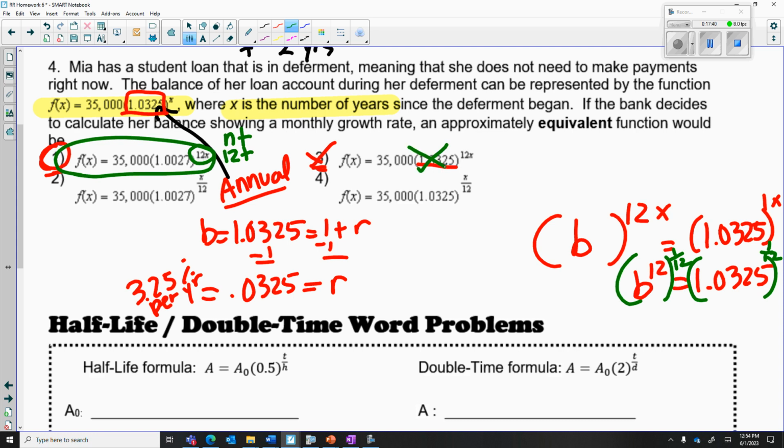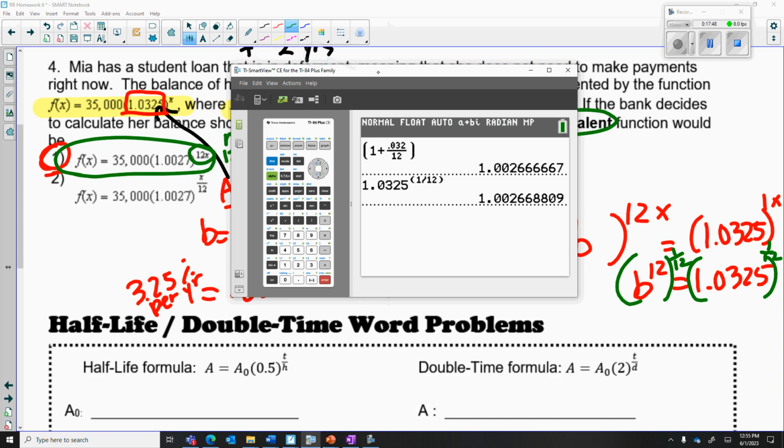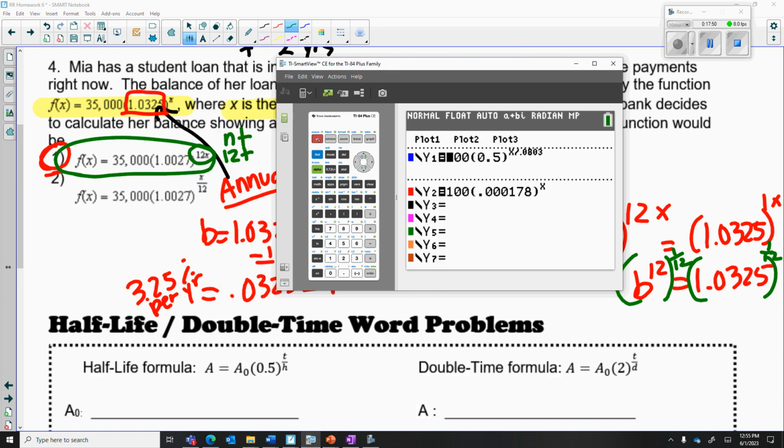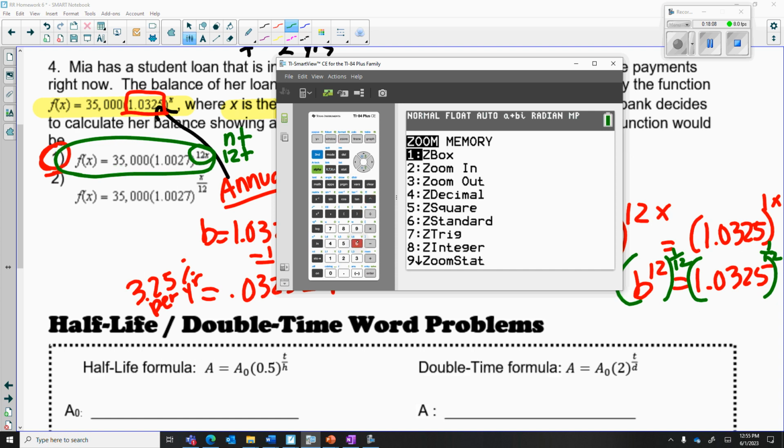Now the calculator strategy is you just do y1, y2 because it says equivalent. And it says approximately equivalent, so it's not going to be perfect. But basically what you would do is go to y1, you would type in the initial, which is 35,000, times 1.0325 to the x, and that's your annual equation, and then you would type in the choices and see which one is approximately equal to the other one and see if indeed it does graph on top of itself.